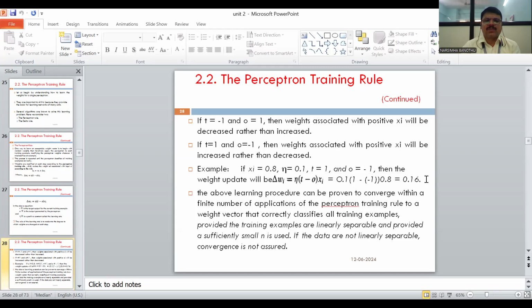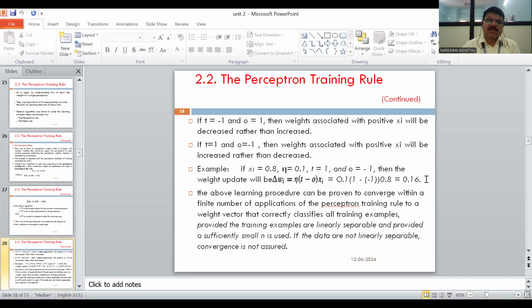The above learning procedure can be proven to converge within a finite number of applications of the perceptron training rule to a weight vector that correctly classifies all training examples, provided the training examples are linearly separable and provided a sufficiently small n is used.